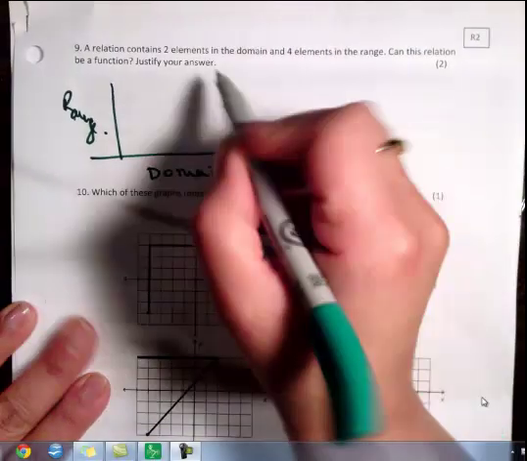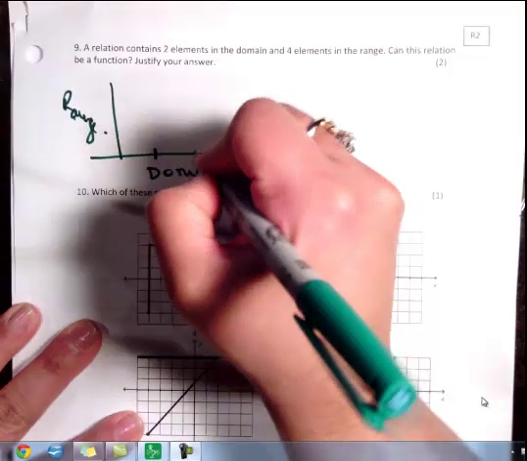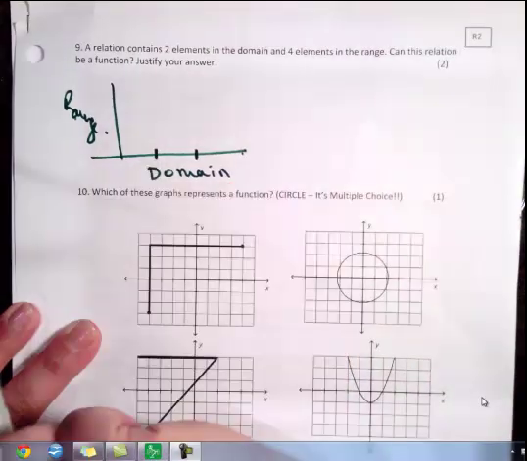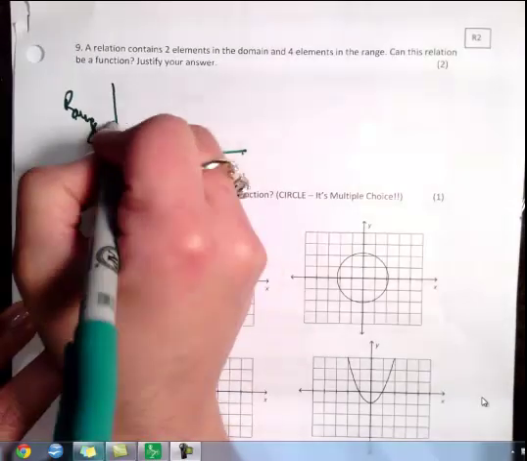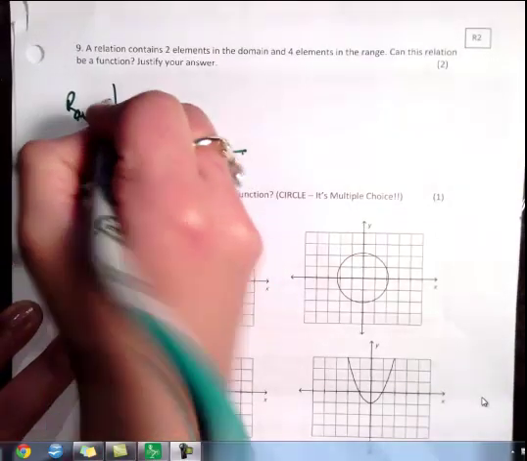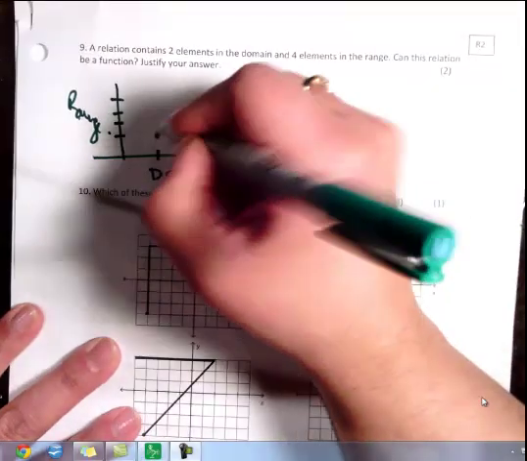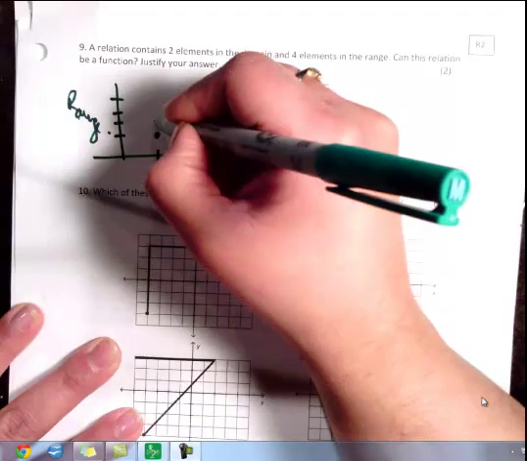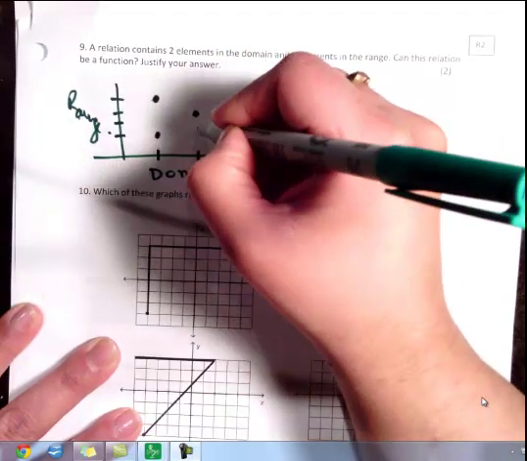Now, it's saying it has 2 elements in the domain, so you can only have 2 values in the domain, let's say there and there, and 4 elements in the range. So let's say we've got 1, 2, 3, 4 elements in the range. So if I were to set this up somehow, I could have a point here and a point here, and then maybe a point here and a point here.